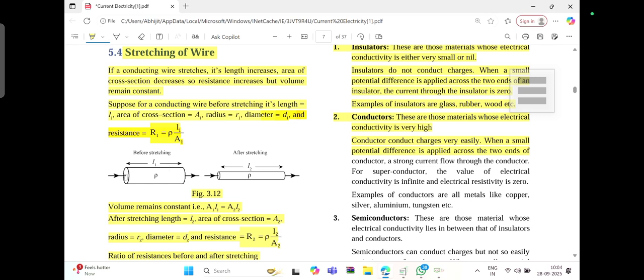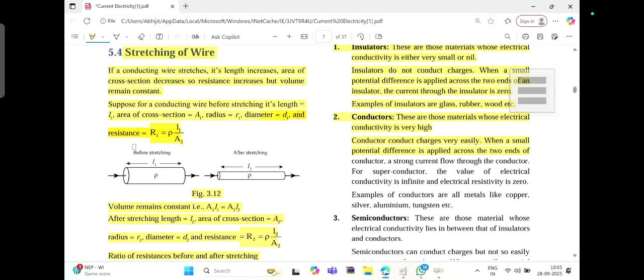That is the dimension of the wire before stretching, and that is the dimension of the wire after stretching. The volume remains constant. That means A1 L1 is equals to A2 L2.